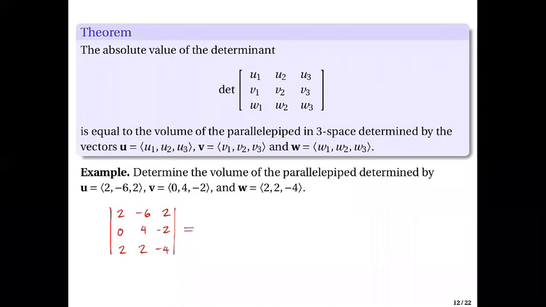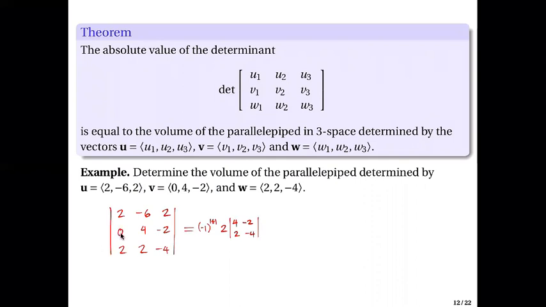In here, let's use cofactor expansion, just to have some practice on that. I'm doing cofactor expansion along the first column. So -1 raised to 1 plus 1 times the determinant of 4, -2, 2, -4.